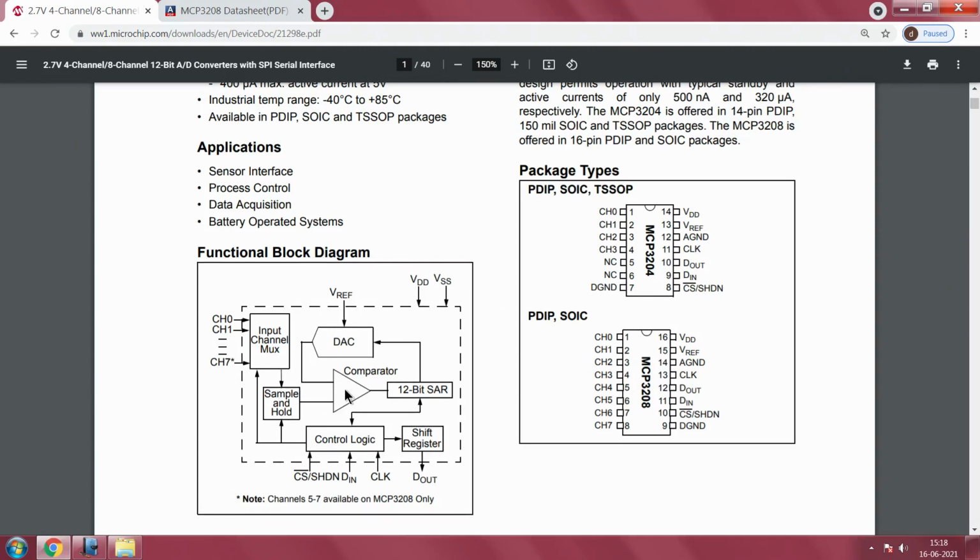It will not do anything more than giving you 1s or 0s. In fact your input signal is actually sensed whether it is 1 or a 0, it does not get converted in that sense. The actual conversion is happening based on what the 12-bit SAR feeds into the DAC. When the 12-bit SAR feeds into the DAC, okay, the DAC gives an output and then you get a comparator output which is 1 or a 0.